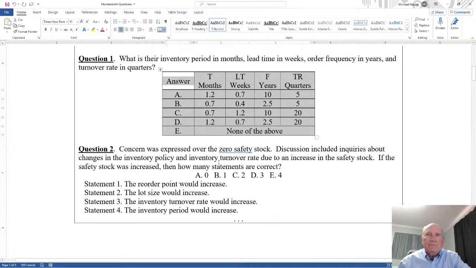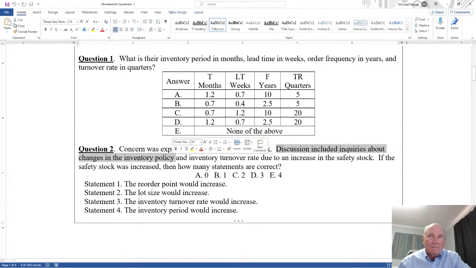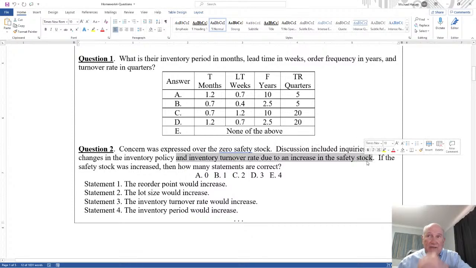Now down here, I have concern was expressed over the zero safety stock. Discussion included inquiries about the changes in the inventory policy and the turnover rate due to increase in the safety stock. If the safety stock was increased, then how many of these statements are correct?